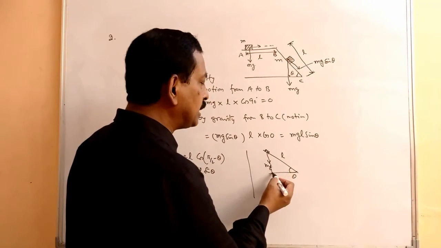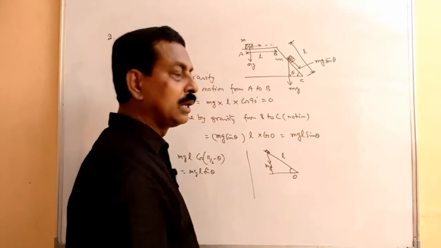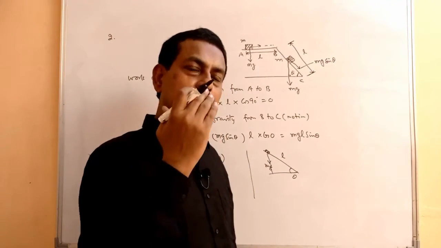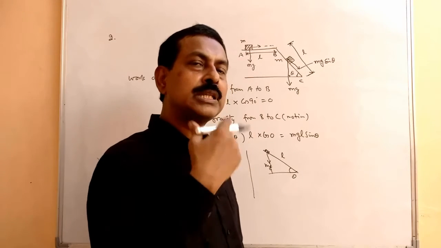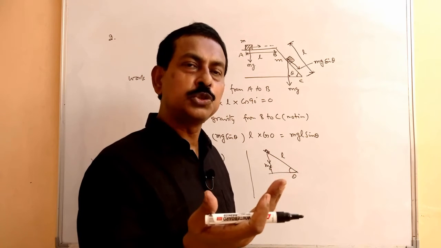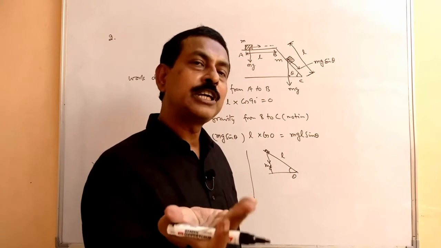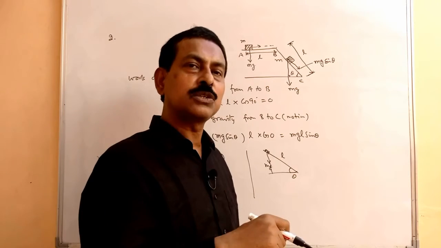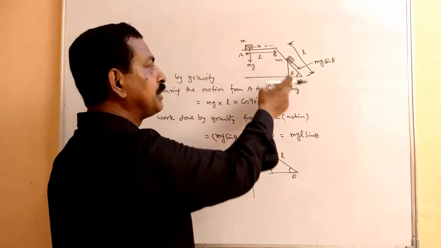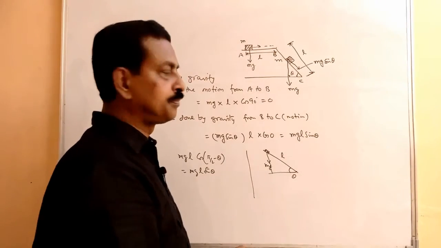So if you have to find the work done when it is moving from B to C, we have discussed or defined work done as the component of the force in the direction of displacement, and take the product of the two, component and the displacement, or find component of the displacement in the direction of force and multiply it by the force. So far we have taken the component of force in the direction of displacement.